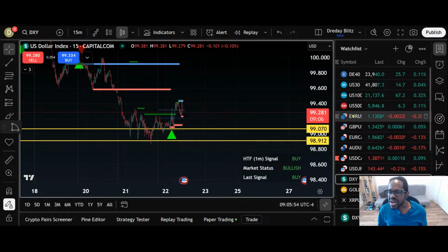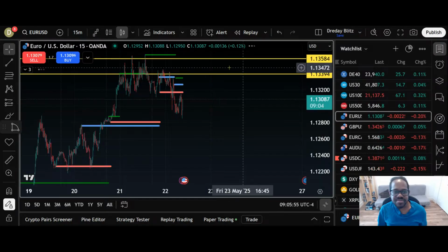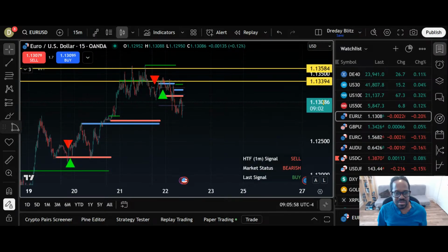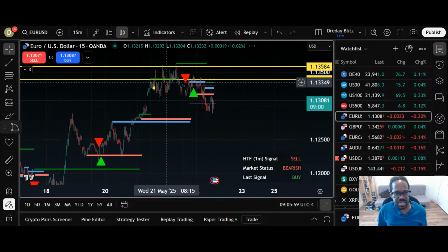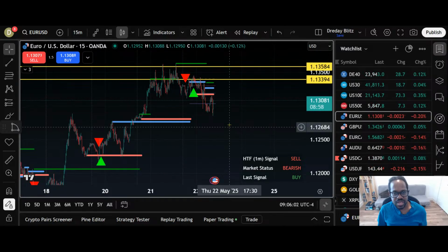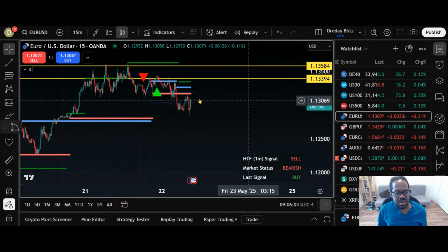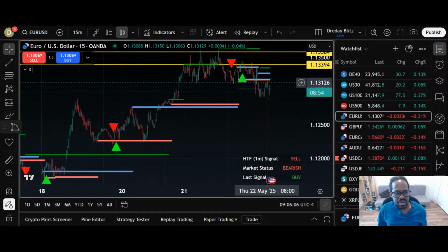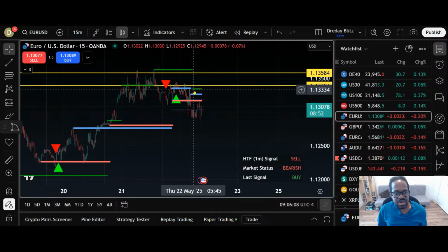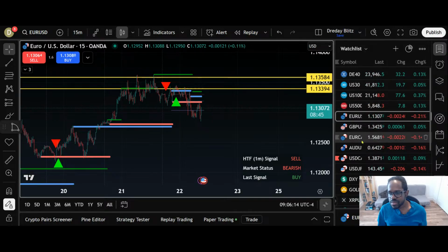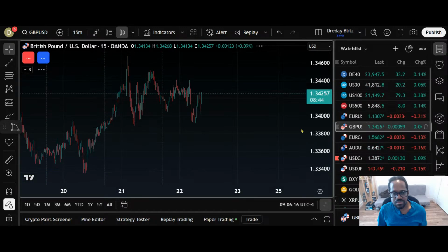So let's look at EURUSD. That's exactly it. We had a consolidation here, and now it started to trade down. We did have a buy here, but don't have a confirmed sell yet for continuation.